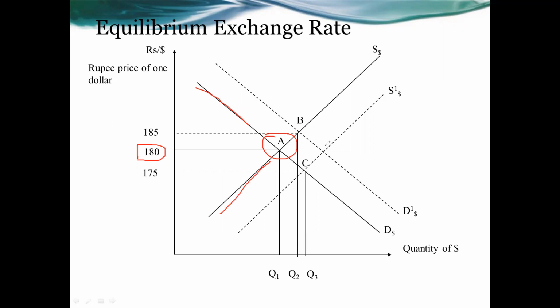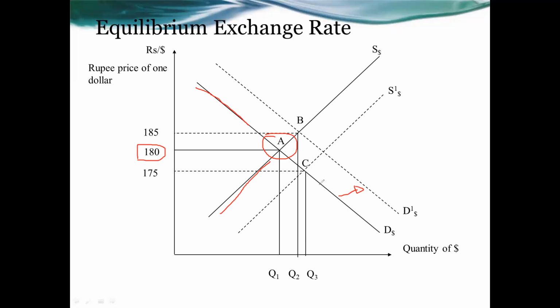Now, assuming that as a result of some other reasons, we will explain later, there is a high demand for foreign currency. For example, we want to import more goods from the foreign market. Then when import demand increases, there is an increase in demand for foreign currency.